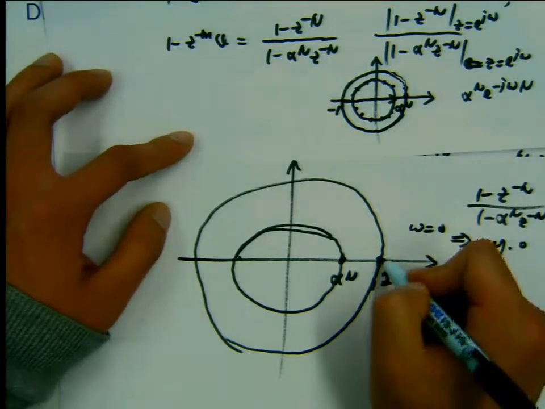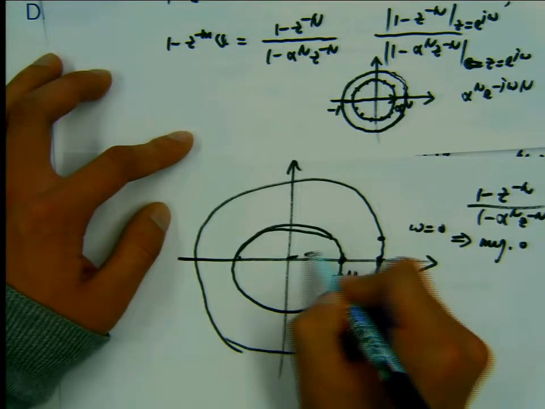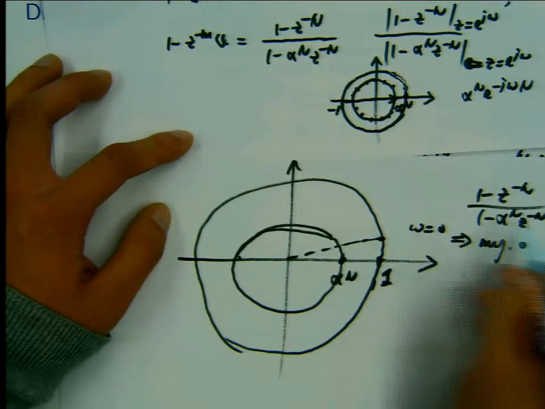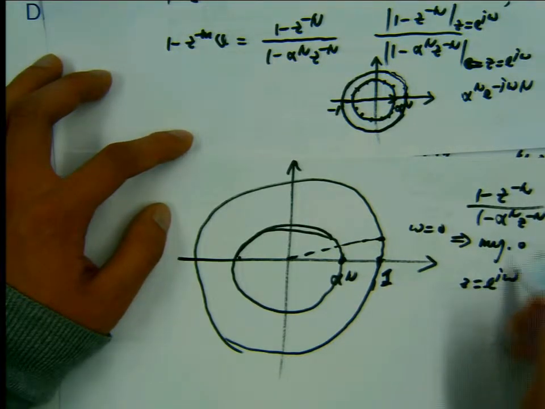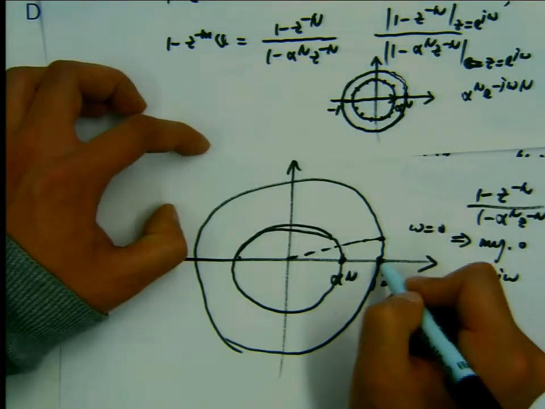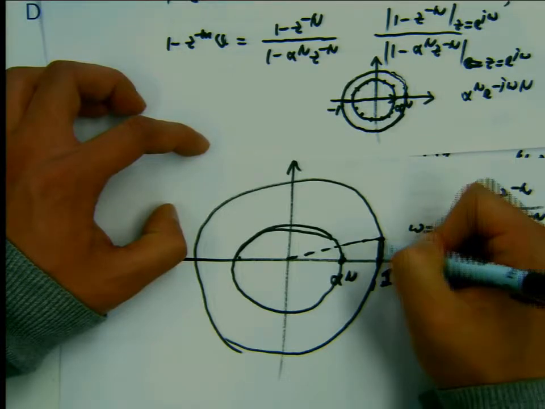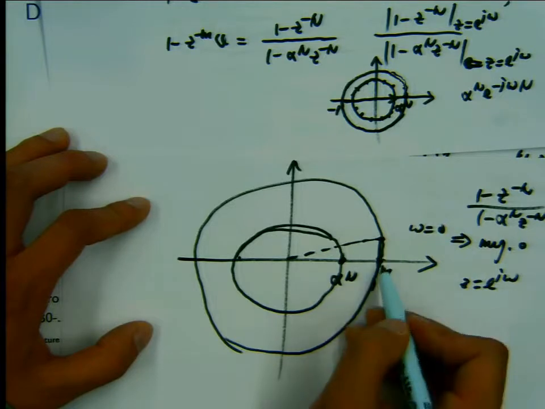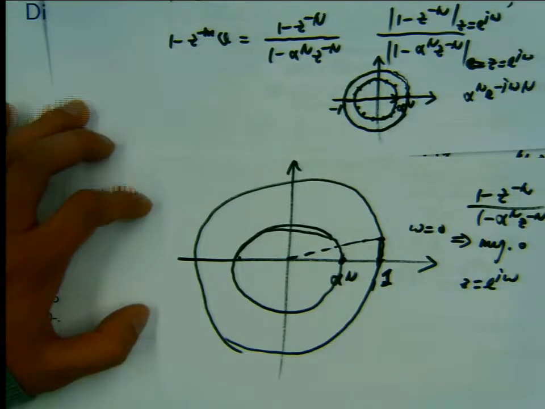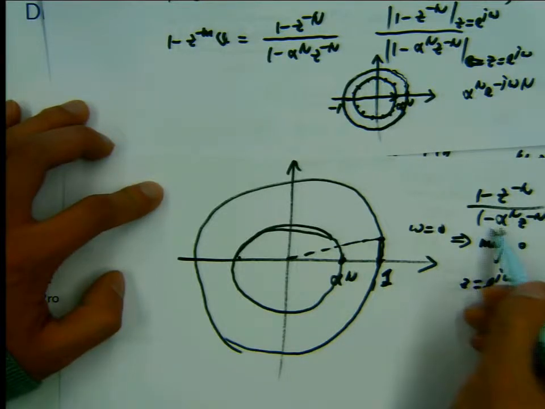Okay. Now, as you increase the frequency, z now equals e^{jω}, and omega is non-zero. What you are evaluating is 1 minus this point. So it's this magnitude, the length of this vector divided by the length of which vector? Yeah, the question. Divided by the length of which vector? 1 minus α^n z^{-n}.